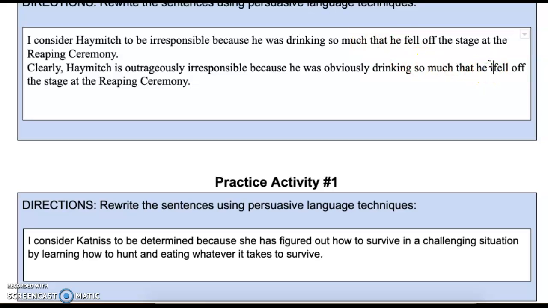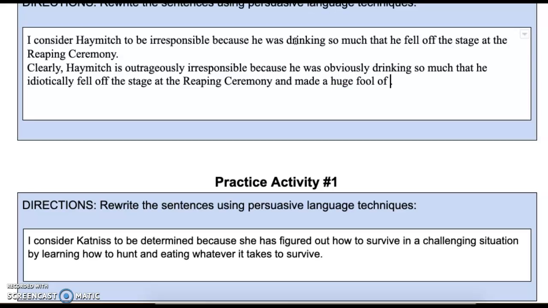It's not a word that's up there, but I'm going to add it anyway. "He idiotically fell off the stage at the reaping." And I'm even going to add a little sentence: "and made a huge fool of himself."